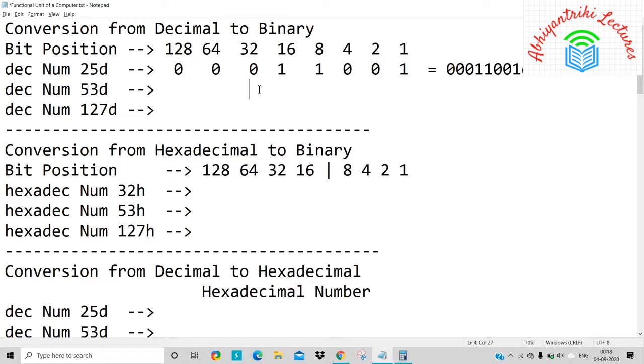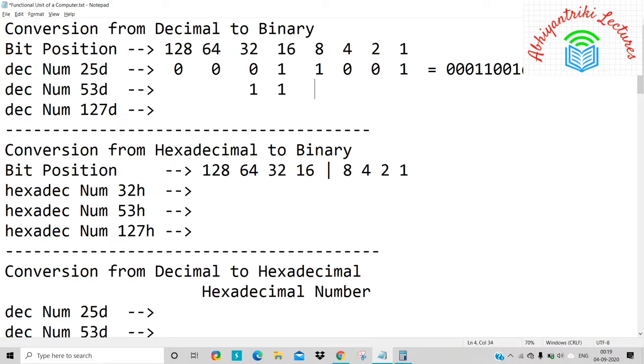Next, 32 plus 16 is 48. 48 plus 8 is 56, so it exceeds 53, so don't put 1 below the 8 position.